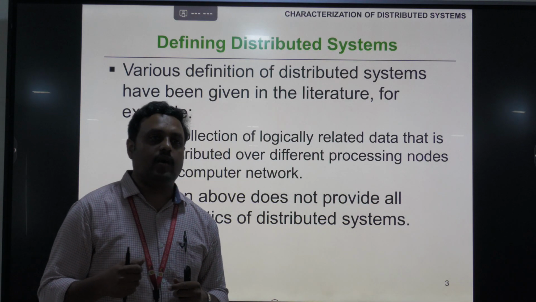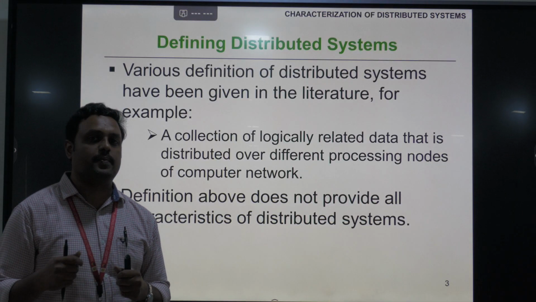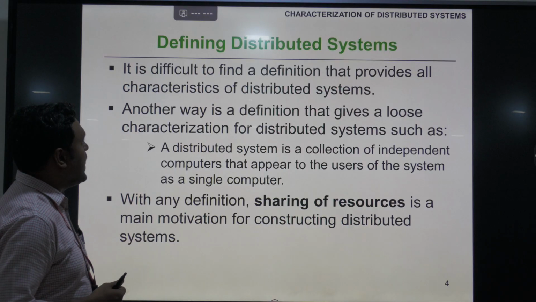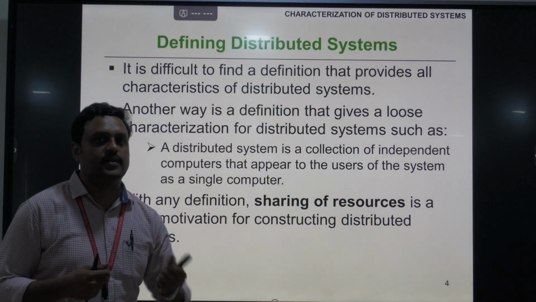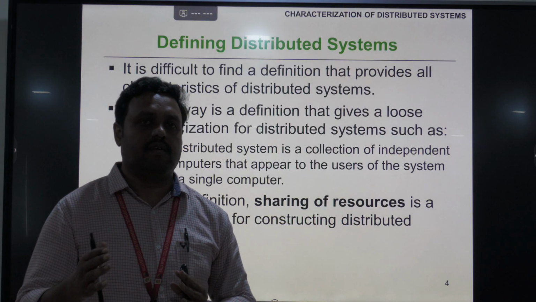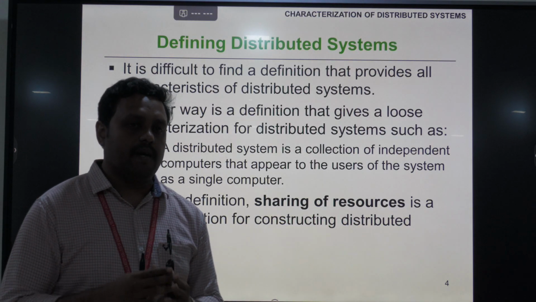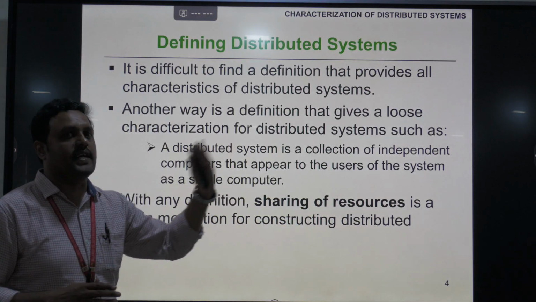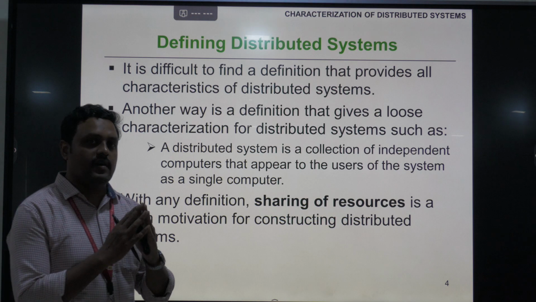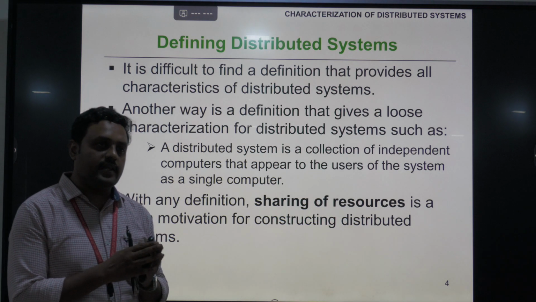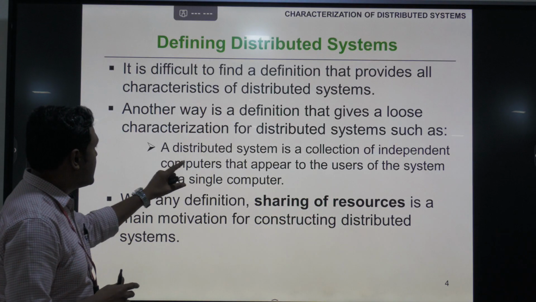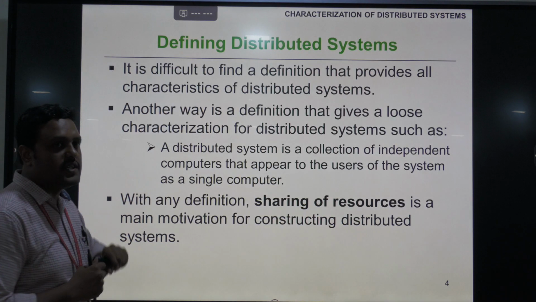Anyway, it is very difficult to define distributed systems exactly with all characteristics, but let us see one that is more precise. This is another way of defining distributed systems.